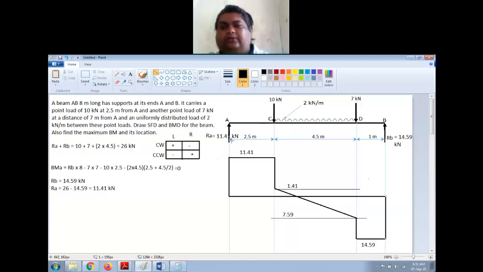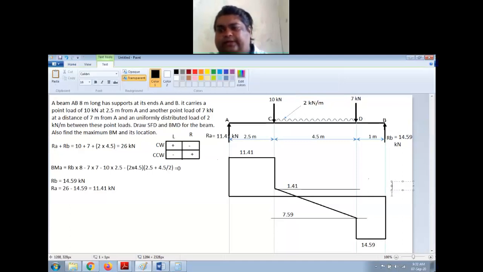You start with the reaction. This goes up like this, then horizontal, then you come down, then the UDL goes down like this, then a point load, so it comes down again, and again it is horizontal because there are no forces, and then an upward force because of the reaction. So this is my shear force diagram, SFD.